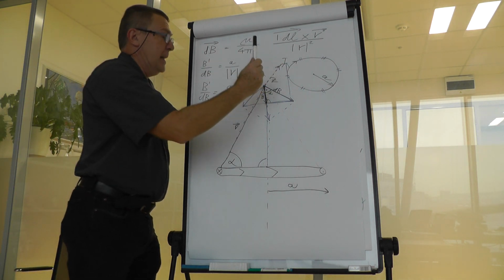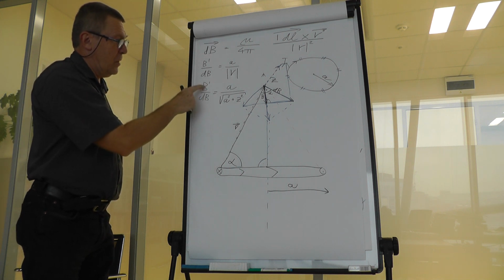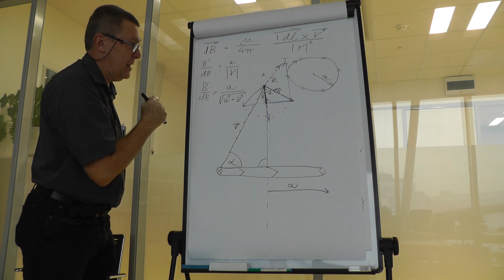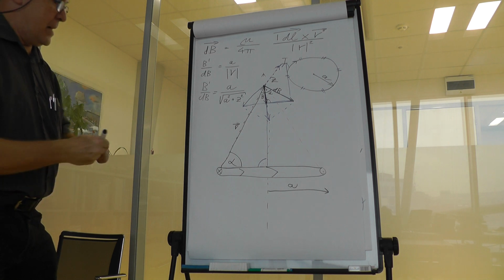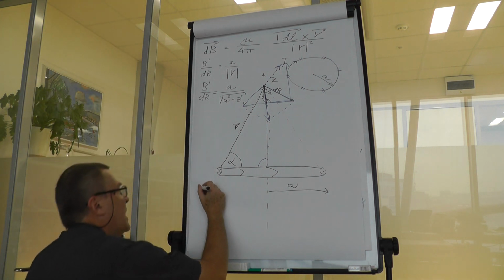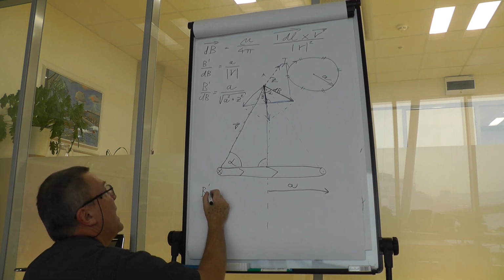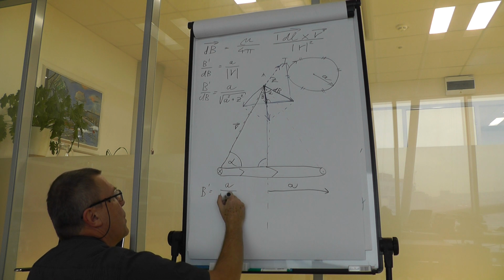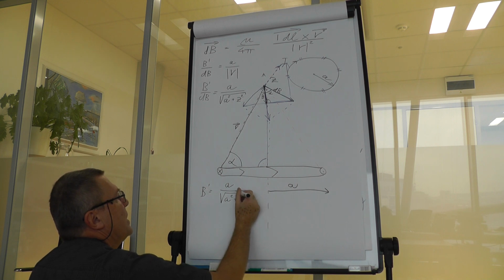Bearing that in mind, we can put down B with apostrophe as an equation where B apostrophe is first a over the square root of a squared plus z squared.